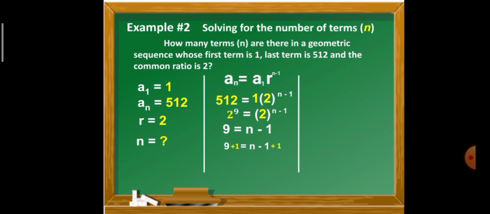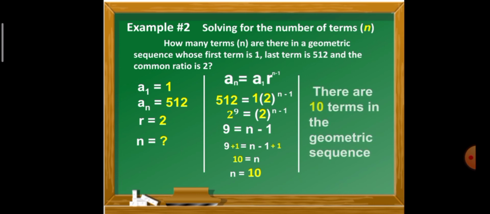So solve natin yan. 9 plus 1 is 10. At yung n minus 1 ay mawawala na yan, kaya n na lang. Therefore, ang n natin ay 10. So let me read this. There are 10 terms in the geometric sequence. Okay? Naintindihan po ba? So let's proceed sa example number 3.